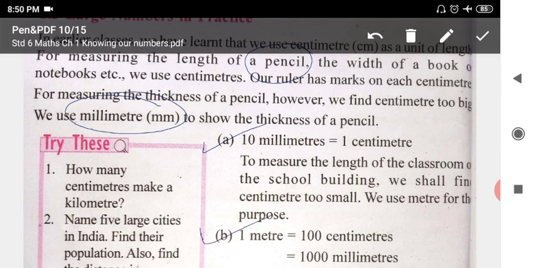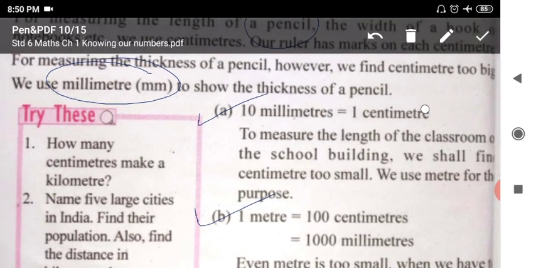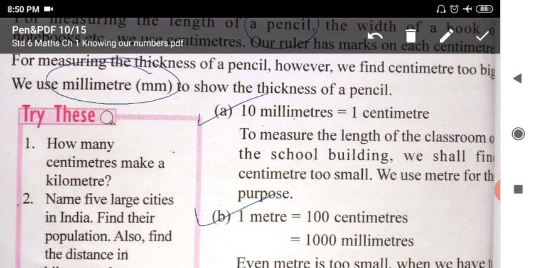When it becomes 100 centimeters, we say 1 meter. So if you want to convert 100 centimeters into millimeters, it becomes thousands. So 1 meter is equal to 1000 millimeters.